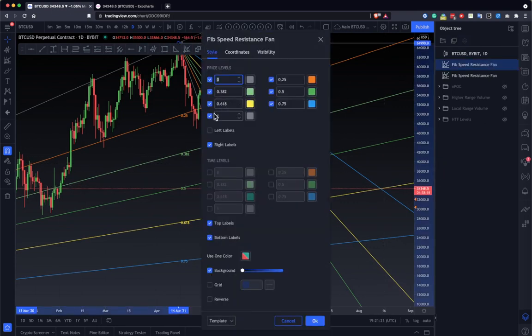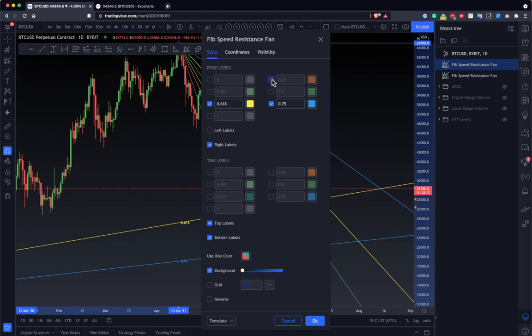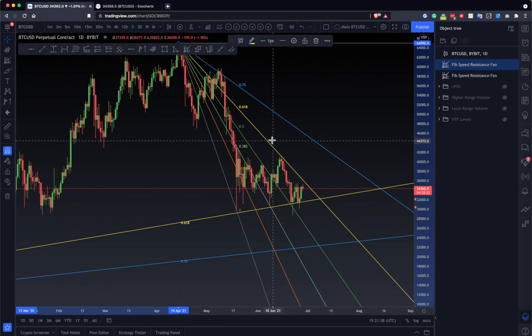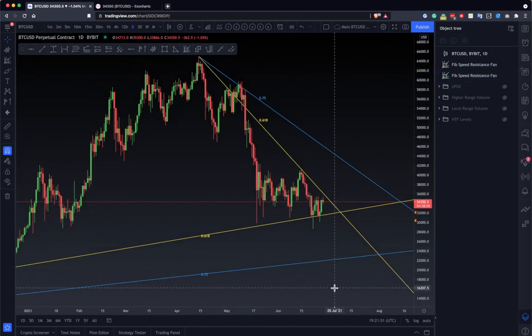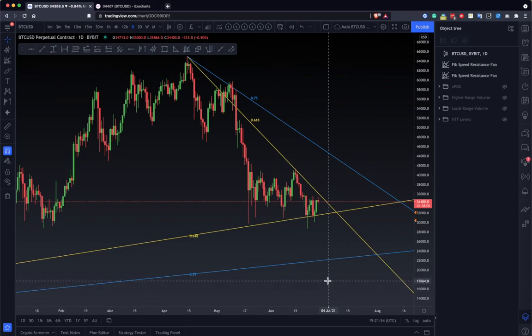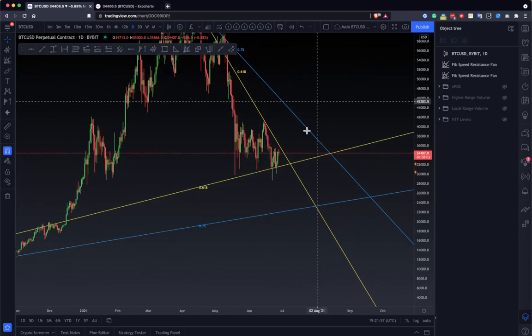It's a bit messy. Let's see, it's almost a triangle.